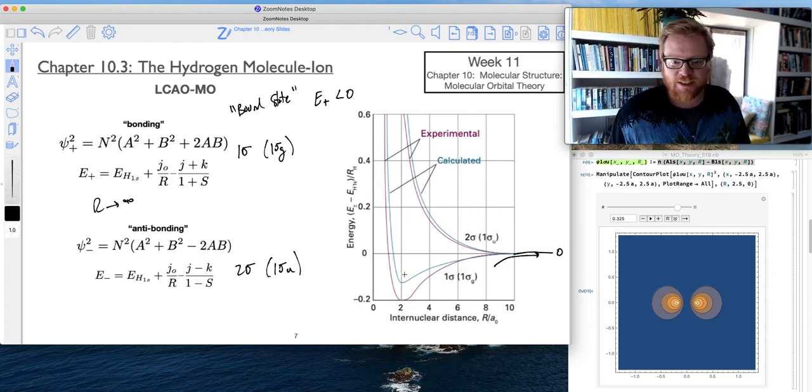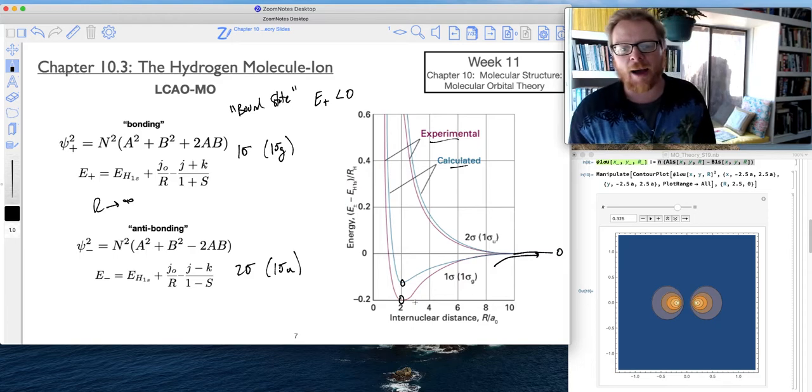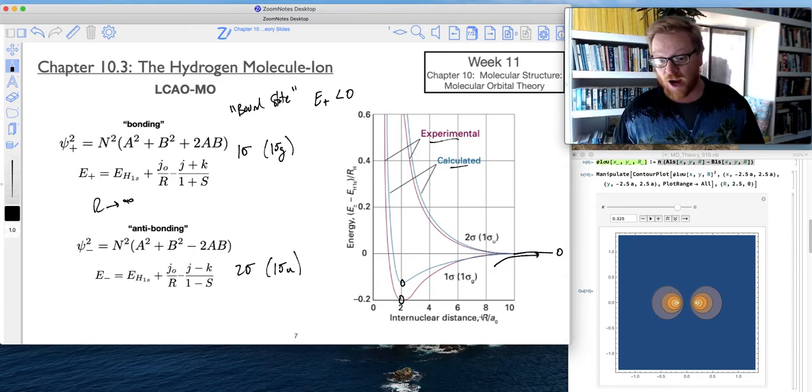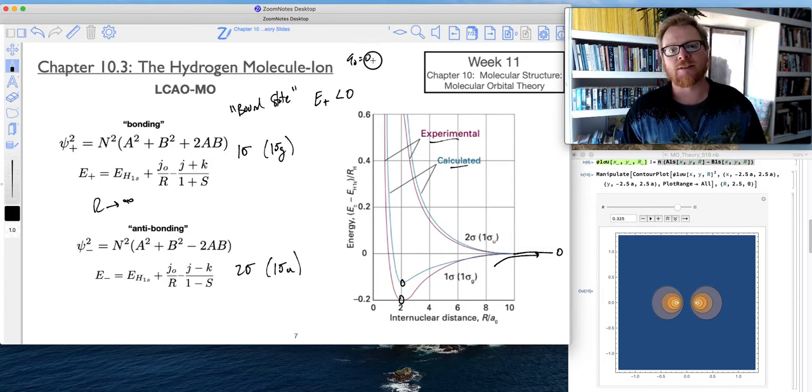And of course, we can see whether we subscribe to the experimental method or the calculated method, there would be our sweet spot. And you can see, like I said, it's right around 1 angstrom, when 2R over a naught is right around 1 angstrom or so. Because remember, a naught is 0.529 angstrom.